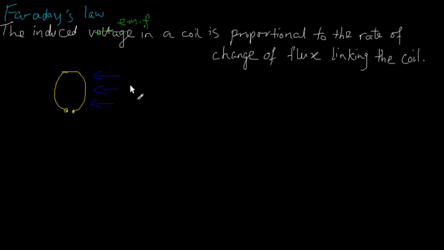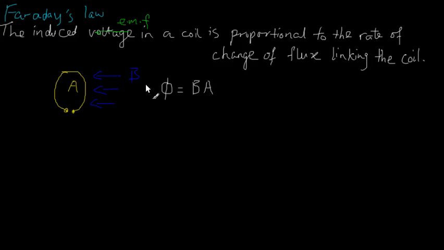Uniform magnetic field, and the area is A. So the magnetic flux linkage in this case would be phi equals B times A, as we have understood this.